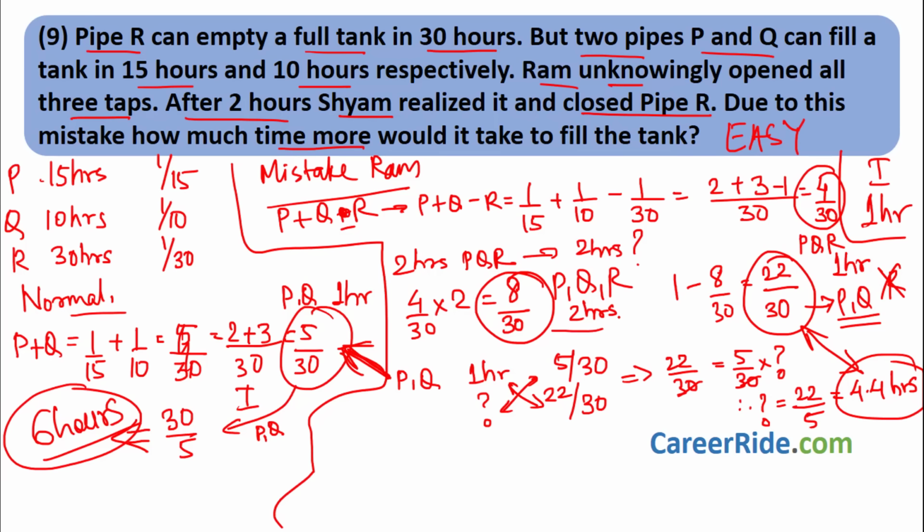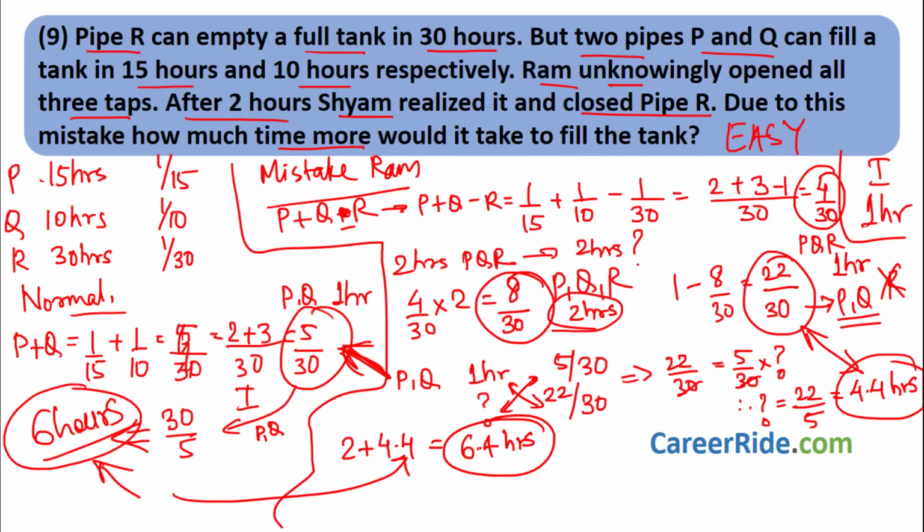8/30 amount of tank is filled in 2 hours. So total time taken in the abnormal case is 2 hours plus 4.4 hours equal to 6.4 hours. So normally we take 6 hours. Now we are taking 6.4 hours because tap R was opened by mistake by Ram. How much extra time? 6.4 minus 6 hours, that is 0.4 hours, right?